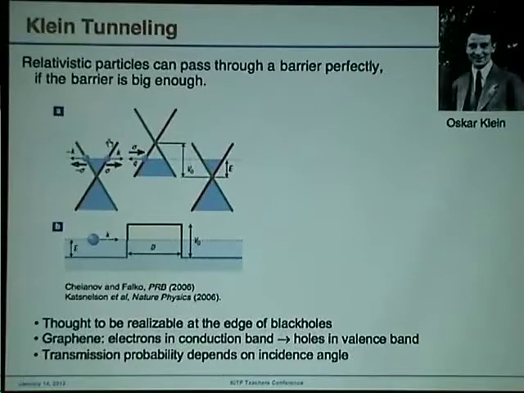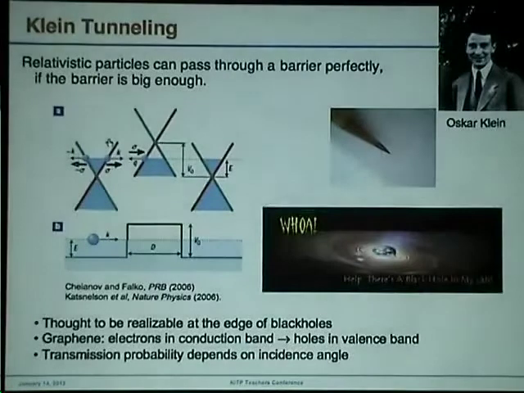The problem is this was predicted for high energy physics, so it's thought to be realizable only at the edge of black holes because it requires enormous electric field. But graphene, you get graphene from the pencils. So I like to tell my students that whenever you write, you are making black holes for the electrons. Okay. So electrons in graphene can basically go through the barrier perfectly; this has been verified.